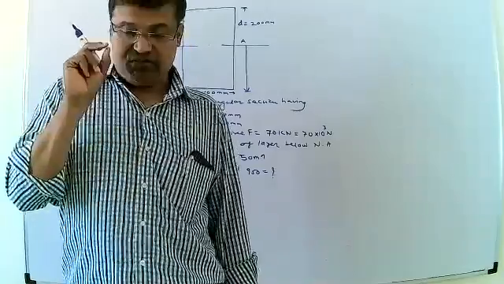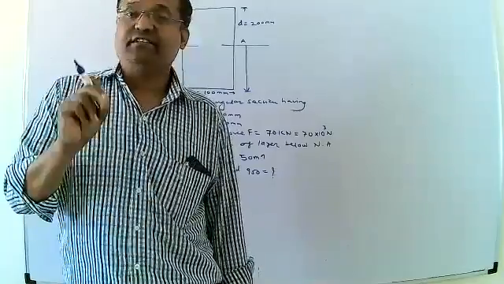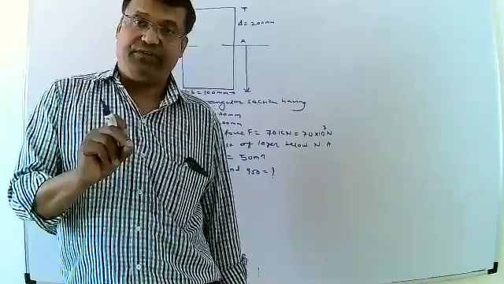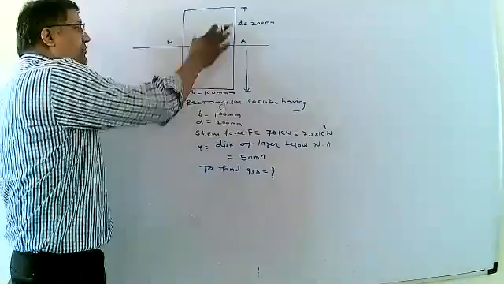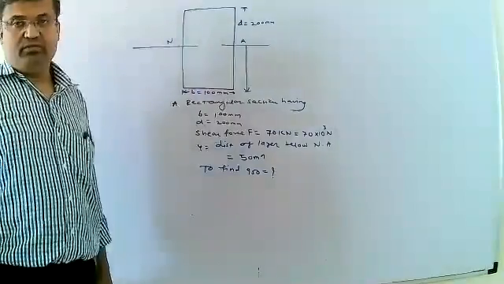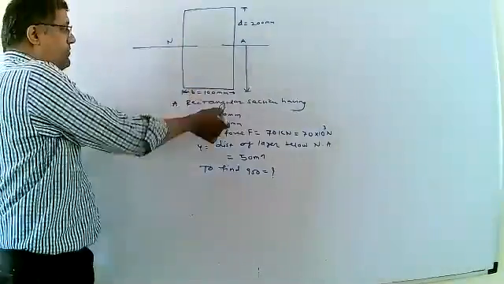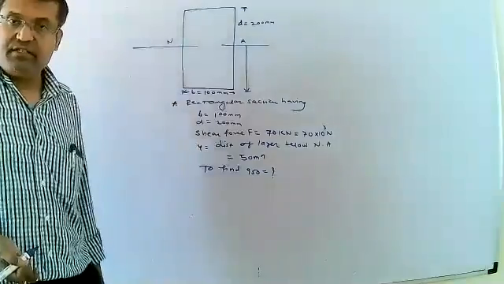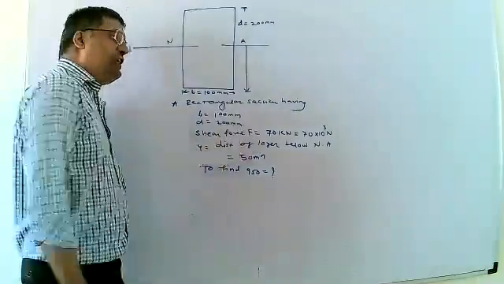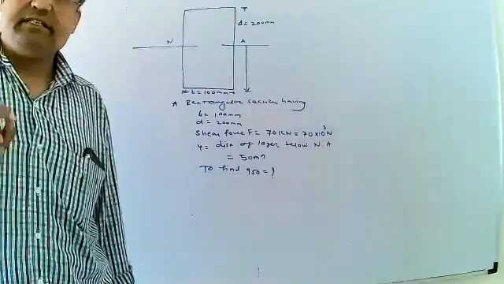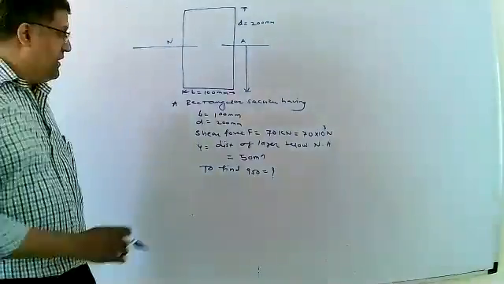Here we have to calculate shear stress at 50 mm, represented by the notation Q50. The rectangular section has both width and depth given. Then the shear force is also provided, represented by capital F, 70 kilonewton, which means 70 into 10 raised to 3 newton.